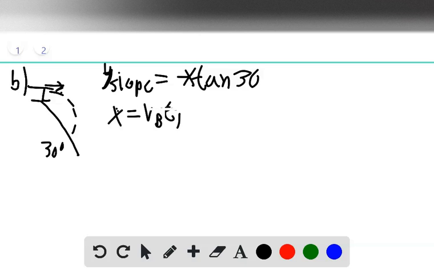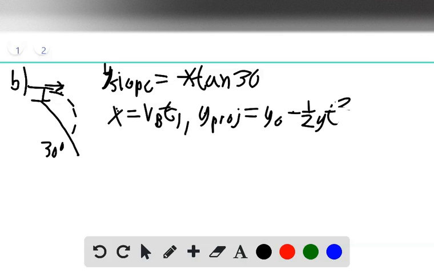And then we can also define y projectile equal to y naught minus 1/2 gt squared. Again, that's just a projectile motion equation, and we can substitute this definition for t.